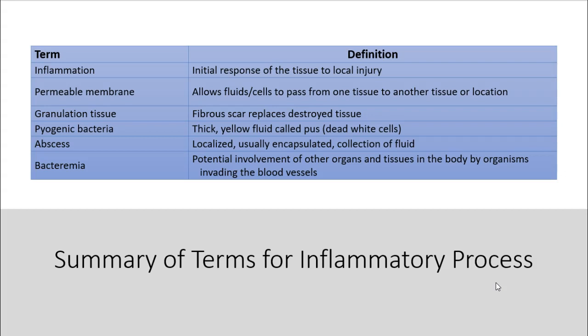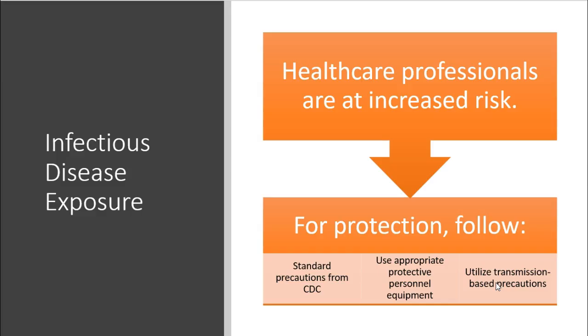Pyrogenic bacteria, thick yellow fluid caused by pus, dead white cells. You have abscess, localized, usually encapsulated collection of fluid. And you have bacteremia, which is a potential involvement of other organs and tissues in the body, organisms invading the blood vessels. So that's where people get septic.